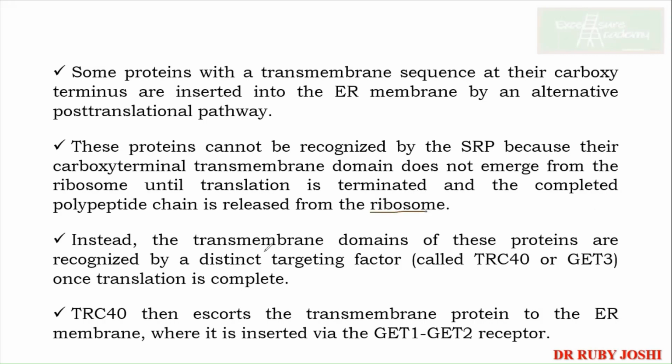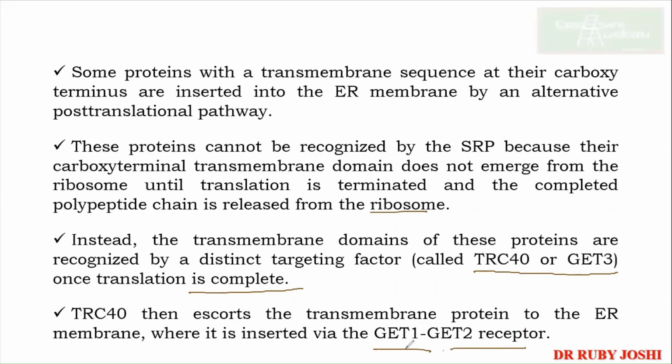Instead, the transmembrane domains of these proteins are recognized by a different set of proteins known as TRC40 or GET3 once the translation is complete. Okay. So these TRC40 proteins will escort the transmembrane protein to the ER membrane where it is inserted with the help of the GET1 and GET2 receptor.